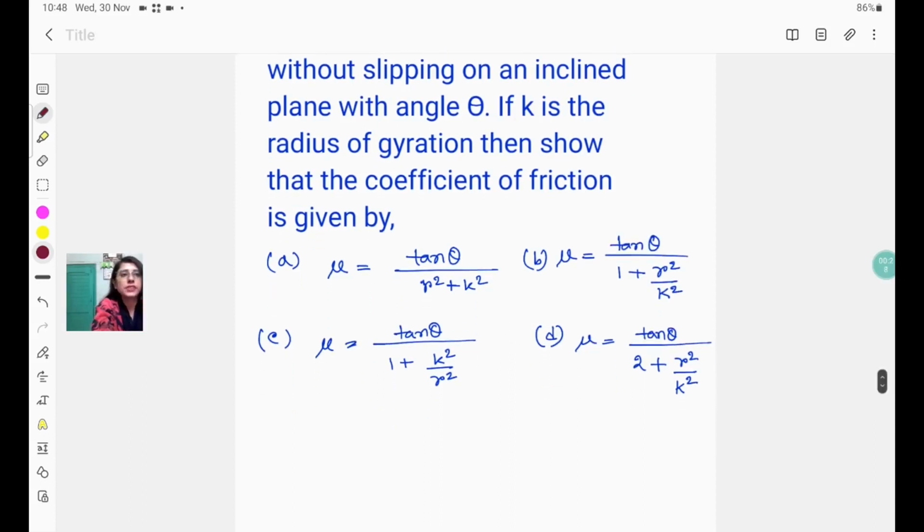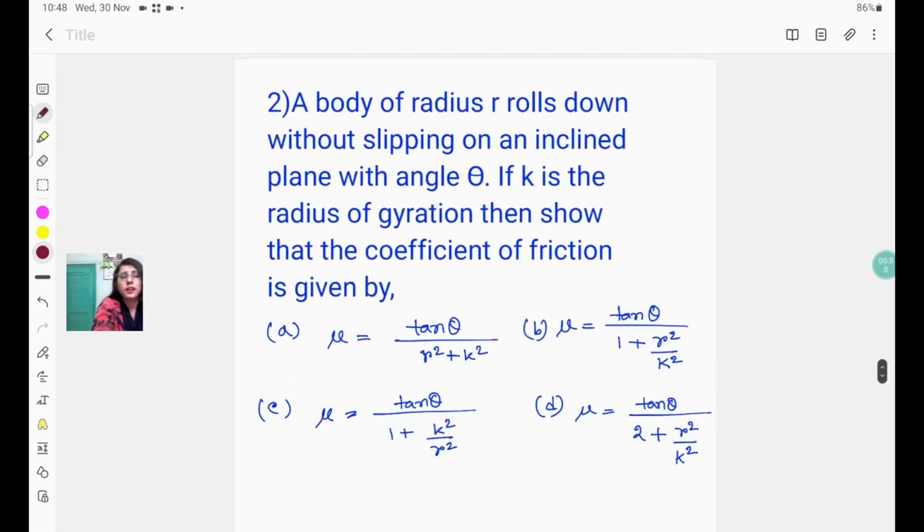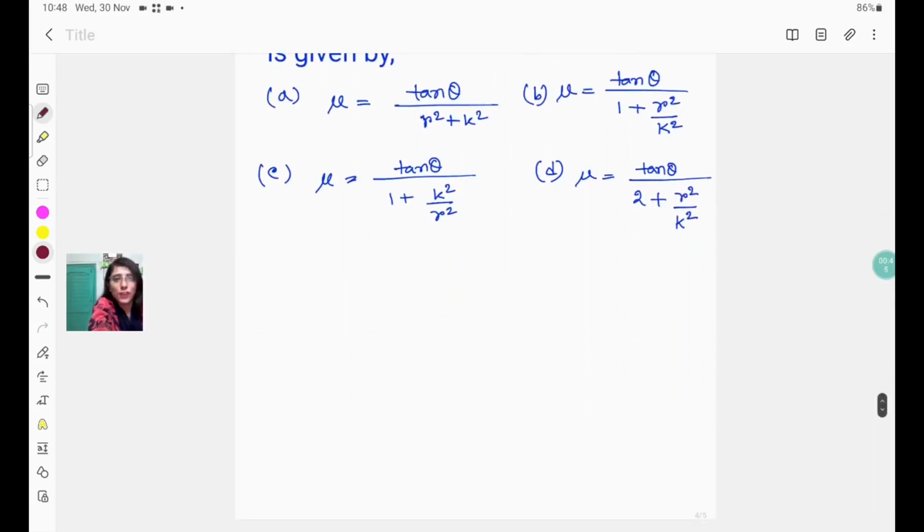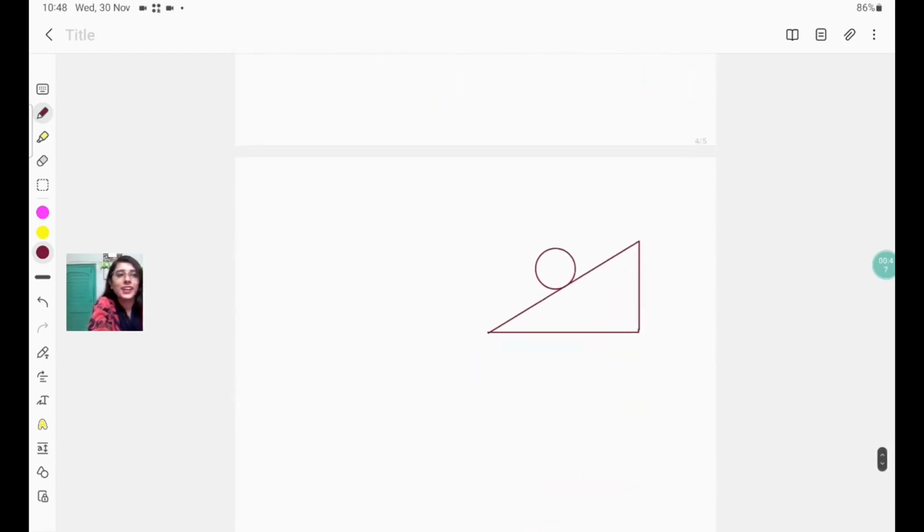Okay, so this kind of question may come in the IIT JAM, CSIR NET, GATE, or any other kind of competitive examinations. So yeah, try it first yourself and then find the answer, and if you can't, then please watch this video till the end and you will find how to solve this kind of problem.